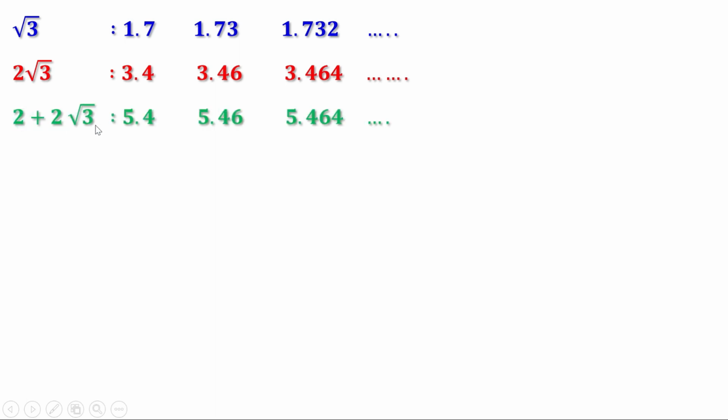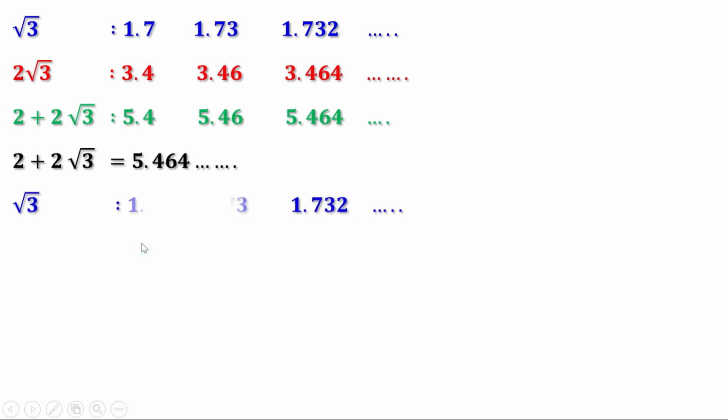Therefore 2 plus 2 root 3 is 5.4 or 5.46 or 5.464 etc. That means 5.4, 5.46, 5.464 etc. get closer and closer to 2 plus 2 root 3, or 2 plus 2 root 3 equals 5.464 etc.